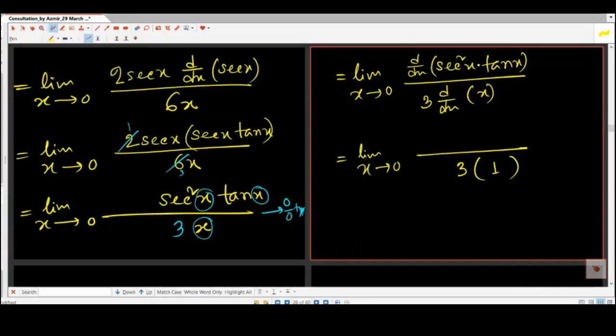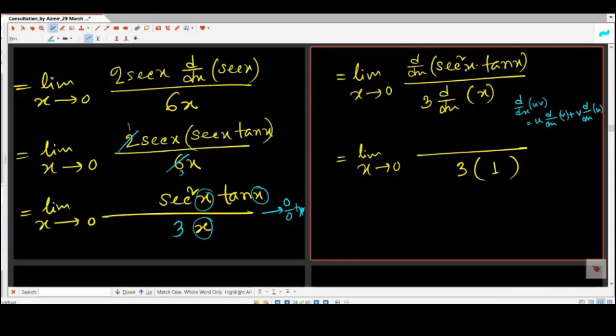In the numerator, this time we have differentiation of u times v. So we know that if we have differentiation of u times v, then we can write it as u d/dx of v plus v d/dx of u.